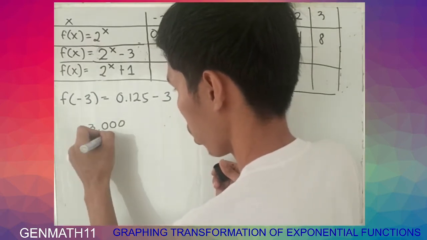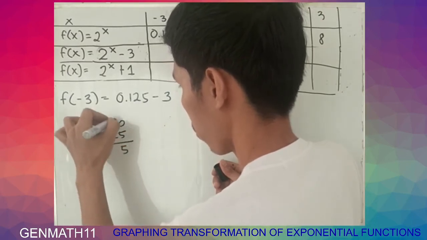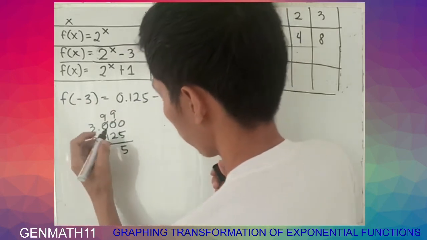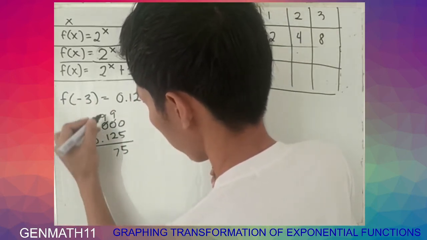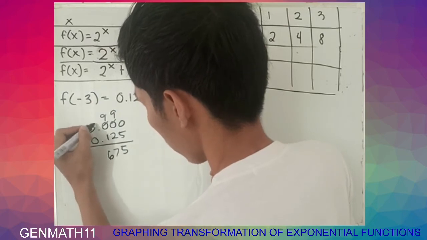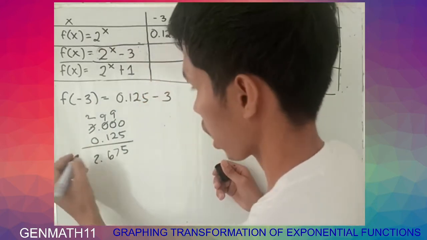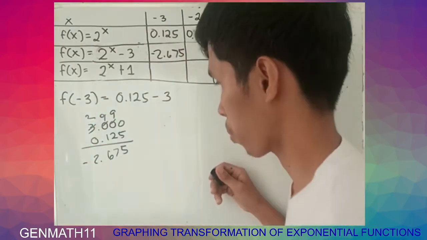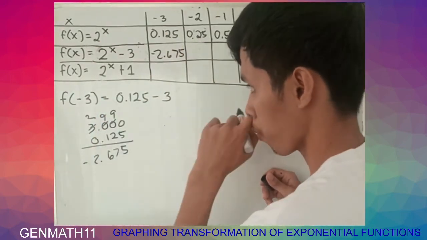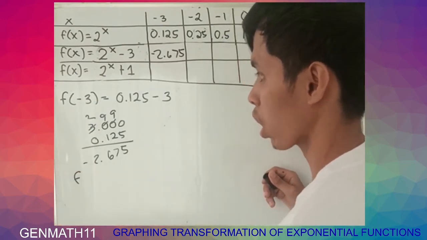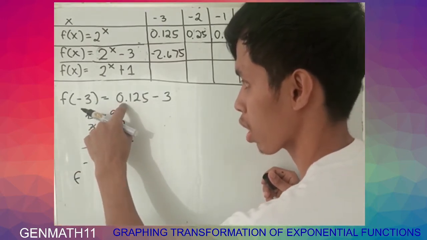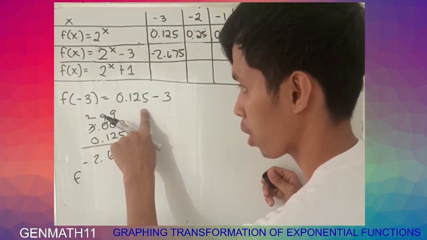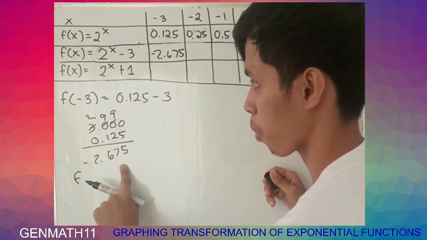Okay, negative 2.875. Next. Gamit lang kayo ng calculator ha. Pero ang unang pagmamanasin is 0.125 minus 3 kapag tinype nyo sa calculator, hindi 3 minus 0.125. Ginawa ko lang dito para mapag-minus natin siya.